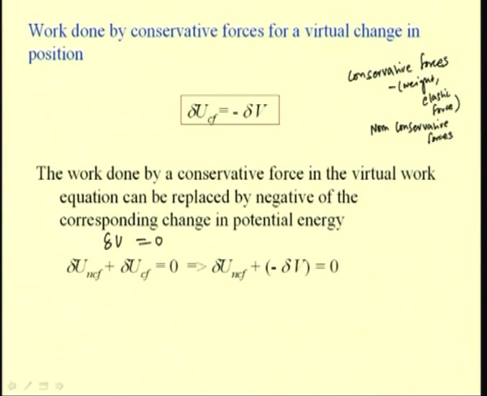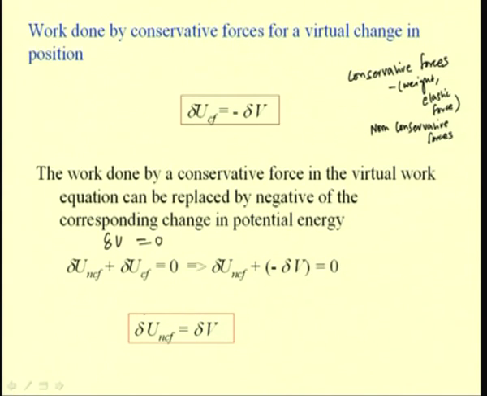We have delta U non-conservative force plus delta U conservative force equal to 0, and this work done by the conservative force is replaced by the negative of the potential energy of the system, that is minus delta V. So, this is nothing but the potential energy change for the given virtual displacement, or in other words, delta U non-conservative force is equal to delta V, or the virtual work done by the non-conservative forces is equal to the change in potential energy for the given virtual displacement.